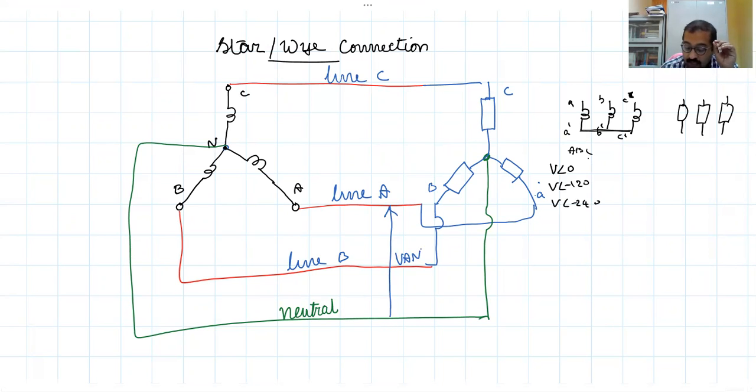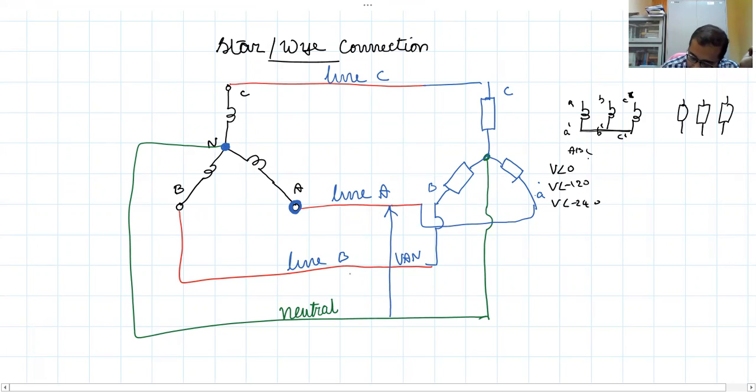If you carefully observe, that is nothing but the voltage across phase A and the neutral point, because this is the phase A endpoint and this is the neutral point. So the voltage between line A and neutral is the same as the voltage across phase A, because they are parallel.